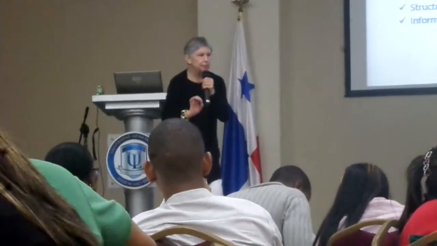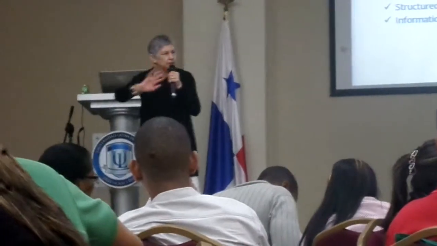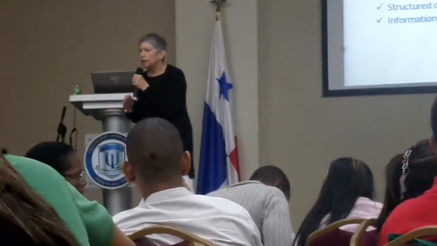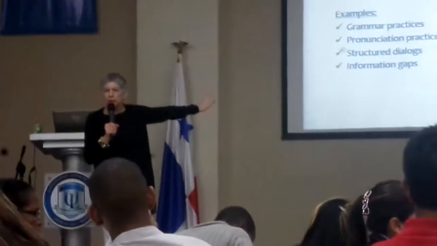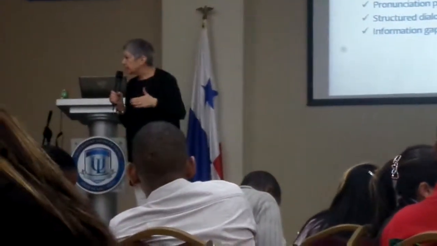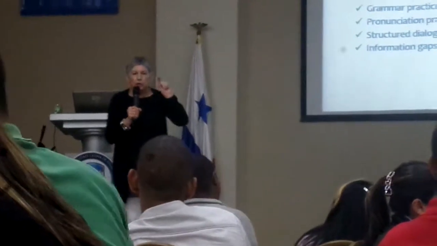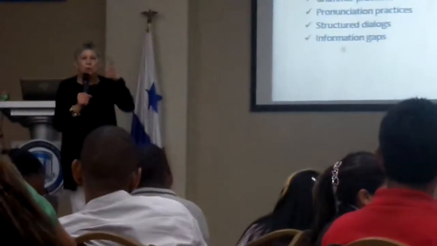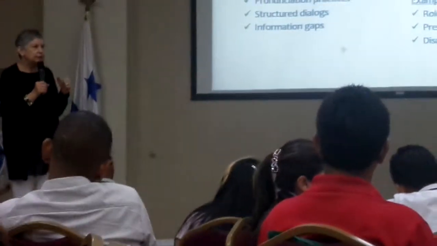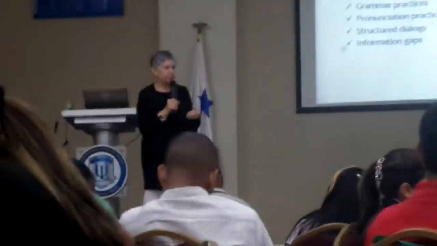You write down the name of the student, you write down what you heard, you wait until the activity is over. Then if you want to, you can put the information on the board and you can discuss the mistakes later, okay? But you have given students the opportunity to talk without feeling like they're going to get interrupted or corrected while they're doing it.